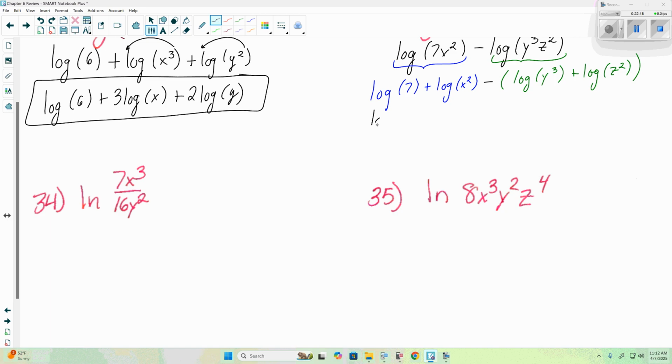So really what we have is log of 7 plus log of x squared minus log of y cubed minus log of z squared. Both of those are negative since they're in the bottom of the fraction.